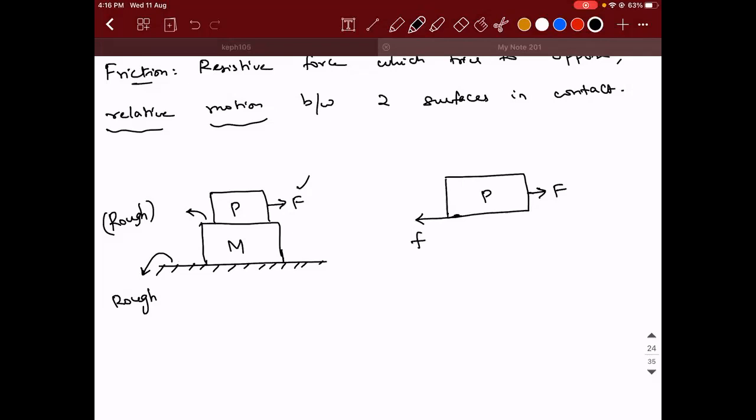So if I call this F, then what is the subscript I'm supposed to write? This is the frictional force exerted by the physics book on the math book or math on physics? Physics on maths.